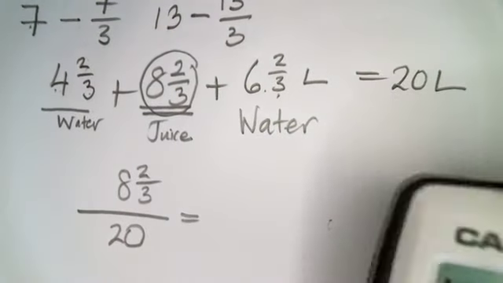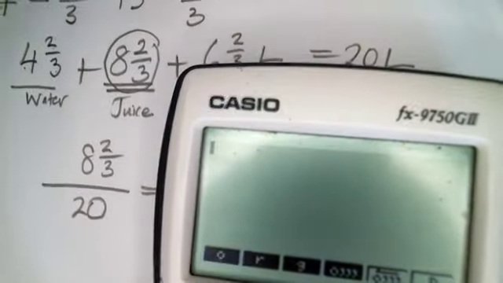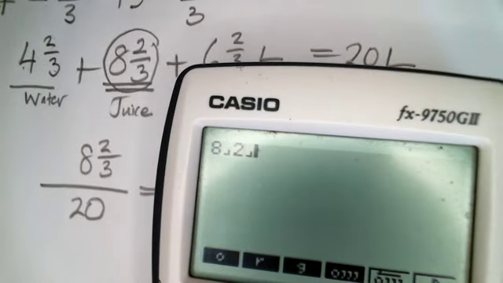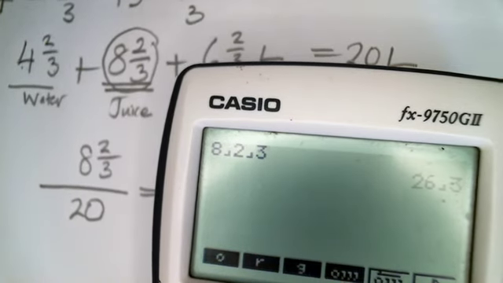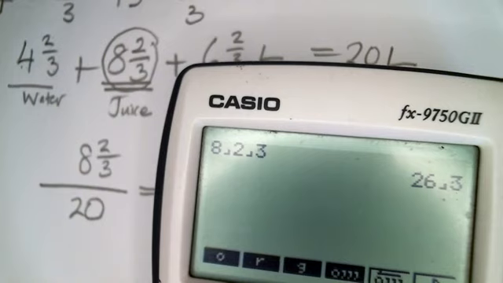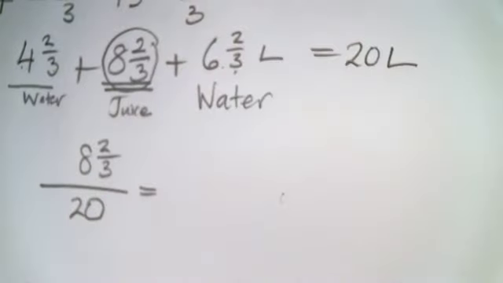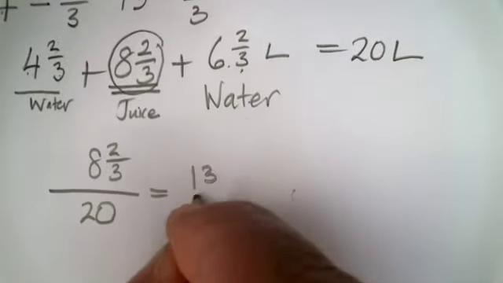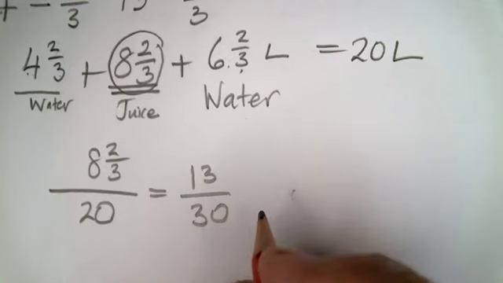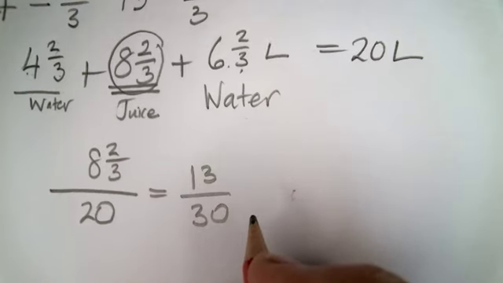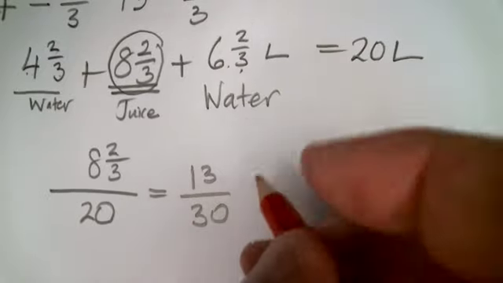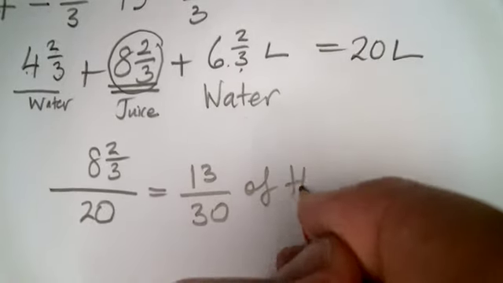In fact, I'm going to have to do that on my calculator because I can't do that in my head. 8 2/3. What's that? That's 26 out of 3. And I'm just going to divide that by 20. There it is. And I get 13 out of 30. So 13 out of 30. So the question is, what fraction of the mixture of the drink is pure pineapple? And you could say 13/30ths of the mixture.